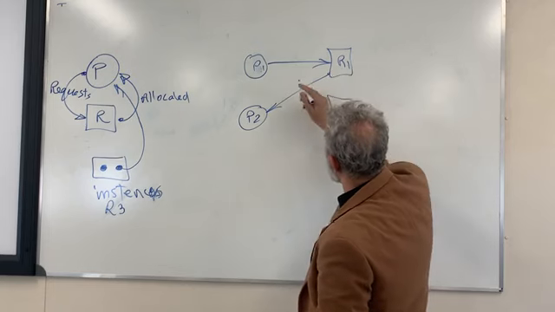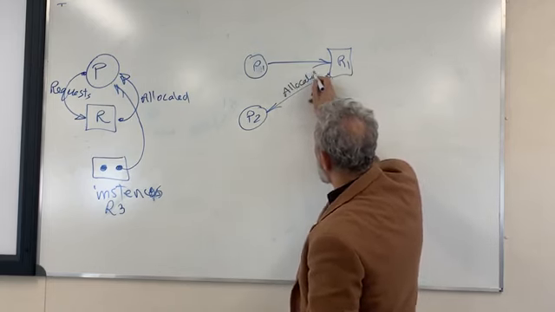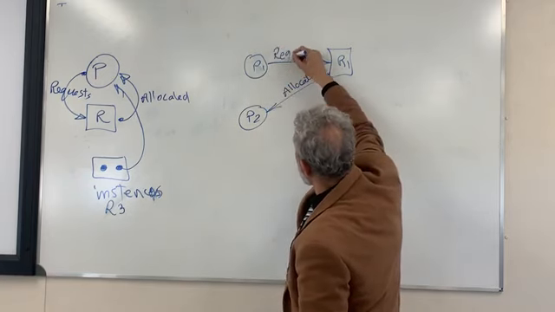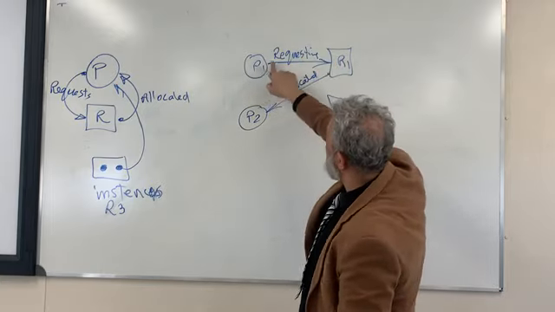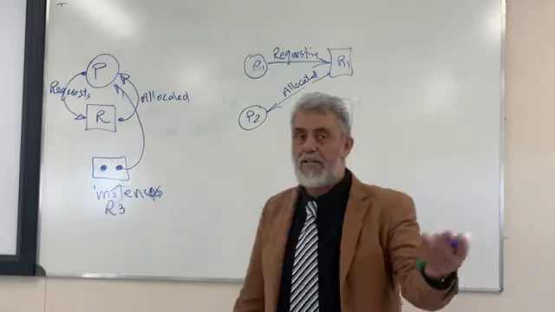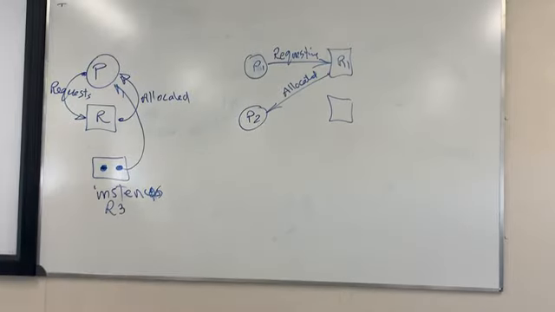If it's leaving a resource, you say allocated. If it's starting from a process, it means requesting. Always. So this one is process 1 requesting resource 1, but resource 1 is allocated to process 2. It's not available. We can't give it to process 1. All right, and so on.